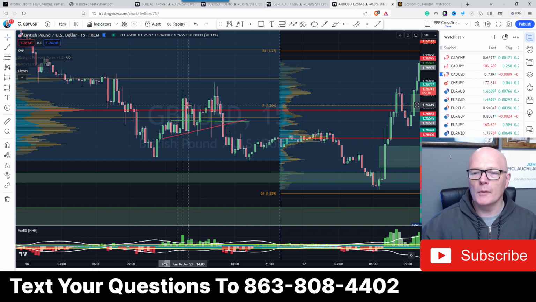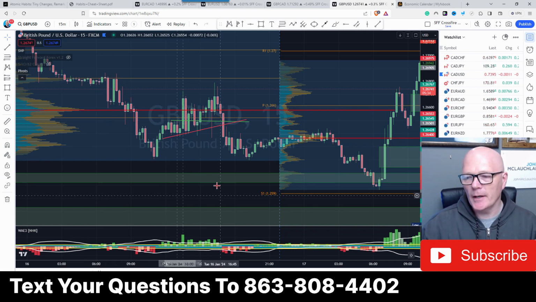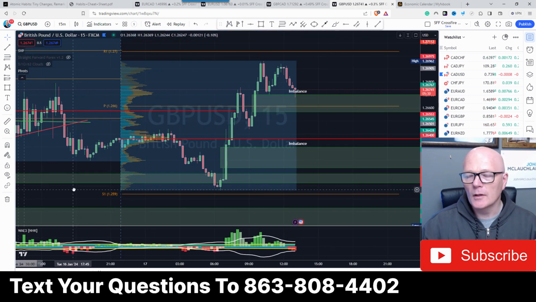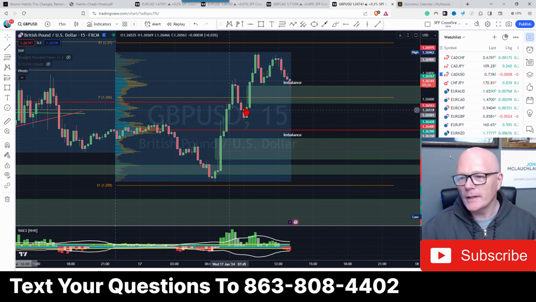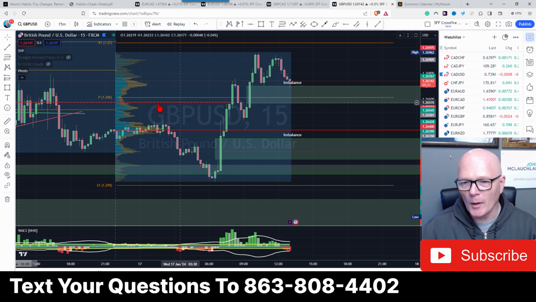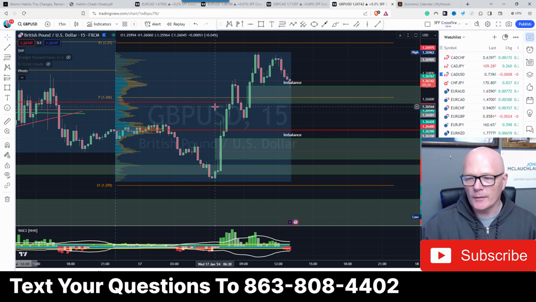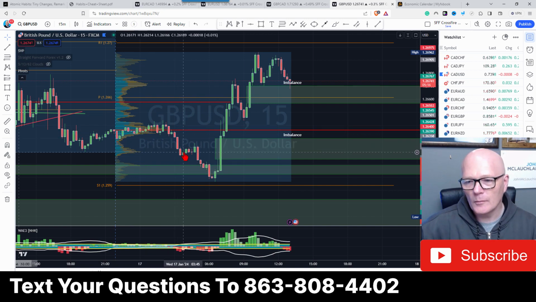So what you always find is that with a previous day, this red line is yesterday's point of control, and it's a bit like imbalance. You can see the bottom of the imbalance is the same as the bottom of yesterday's point of control. Price went down, back up, hit the point of control, and then came back to it.